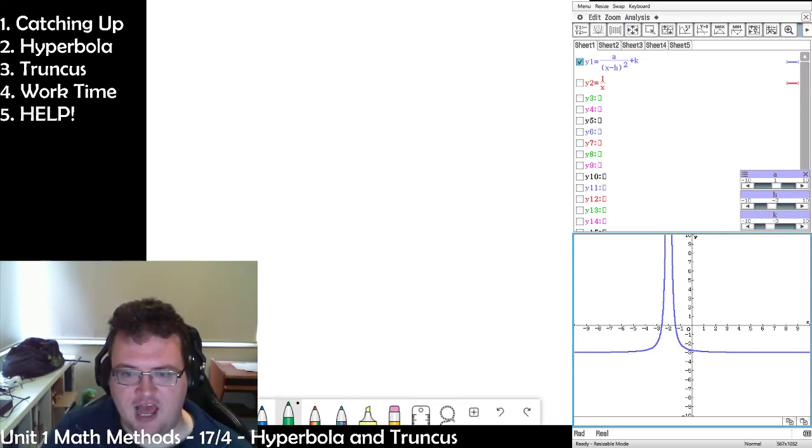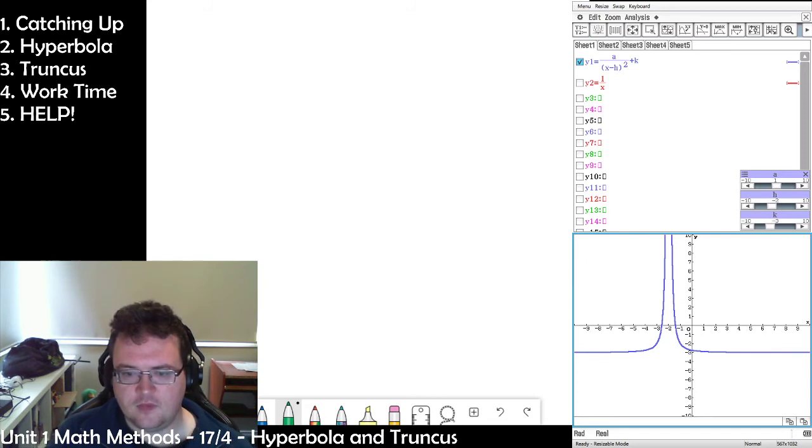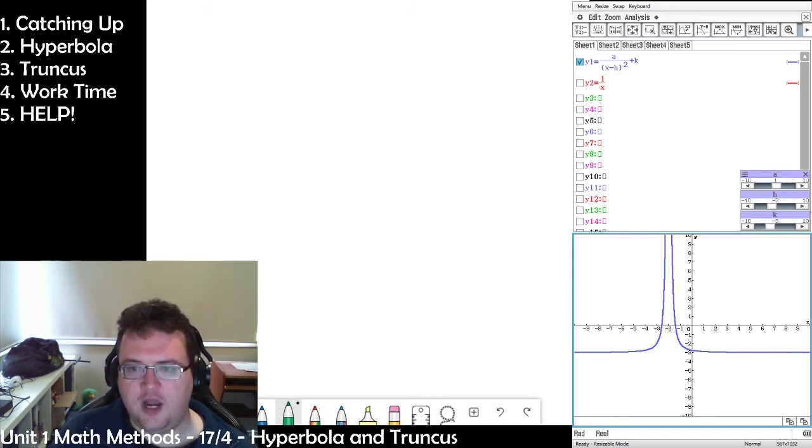I have a y-intercept here, just the one, but I now have 2 x-intercepts. So this here is 1 over (x plus 2) all squared, minus 3.